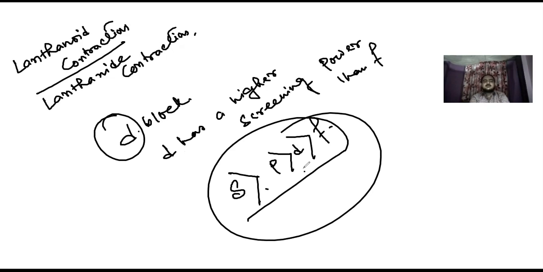So what happens? F is the most poor screener. In case of d orbitals, while an electron goes into a valence shell, for example scandium, it has 4s2 3d1.